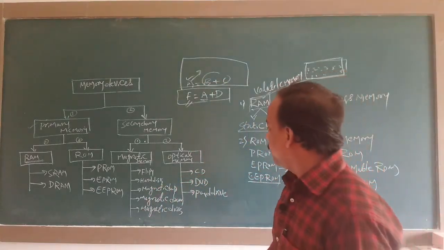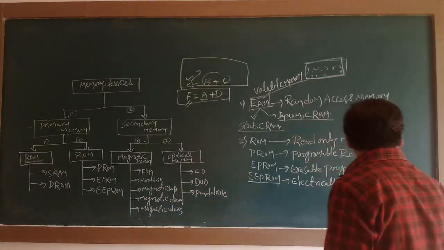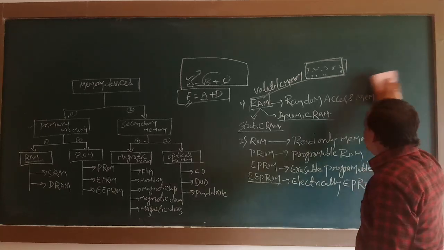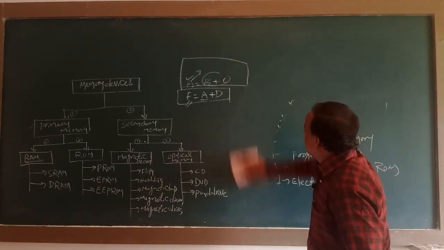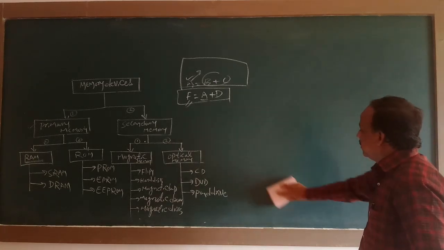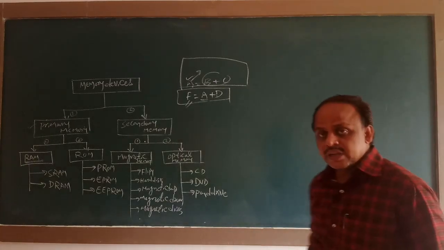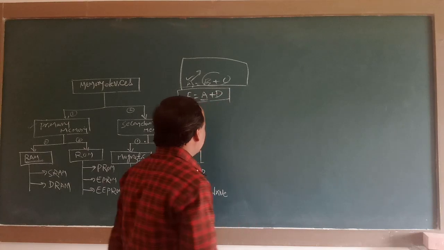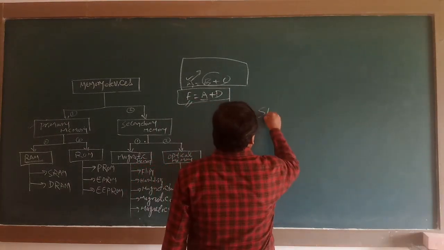And again we have two types in RAM. One is called SRAM, another one is called DRAM.